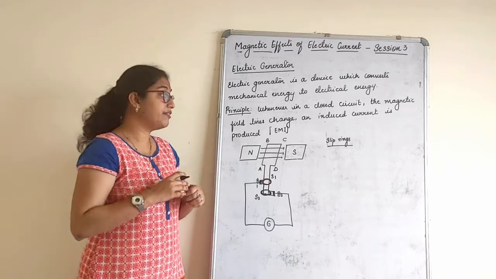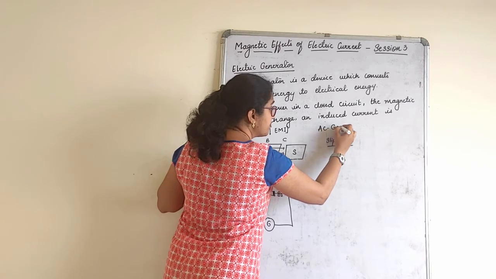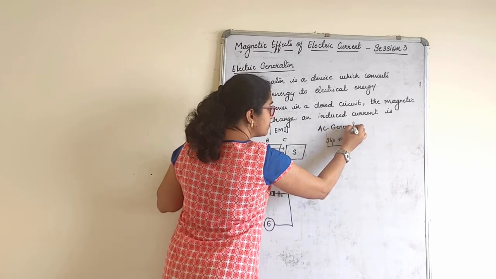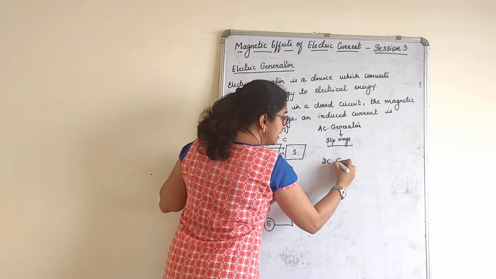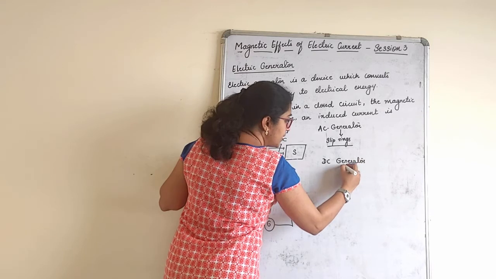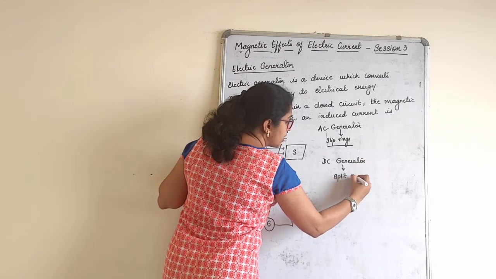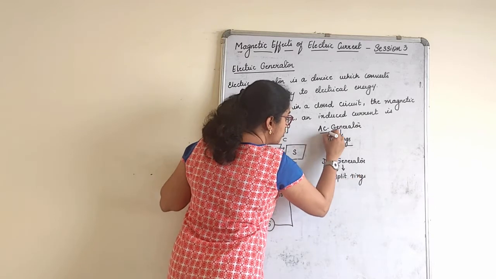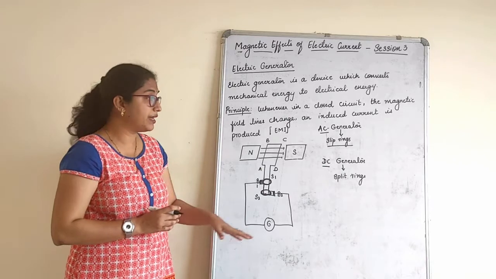Now again children, when we talk about an AC generator, we use slip rings. For a DC generator, we use split rings. You should first know what AC and DC are. You will understand that once we complete this process, right?